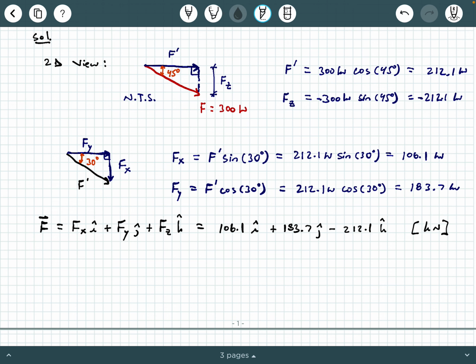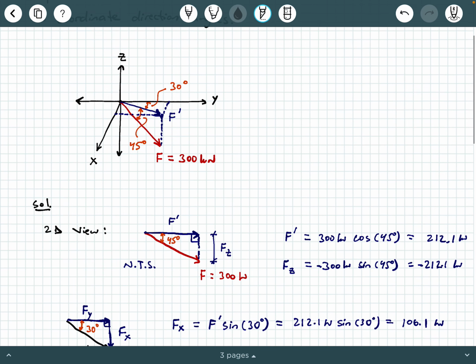Okay, but the problem also asked for the coordinate direction angles, and so if we again look back into some previous content or your notes, how do I get those coordinate direction angles? Well, we say cosine of alpha is equal to fx over magnitude of f. And so I can take that as 106.1 kilonewtons divided by the magnitude of f, which was given at the very beginning, right? That's the 300 kilonewtons.